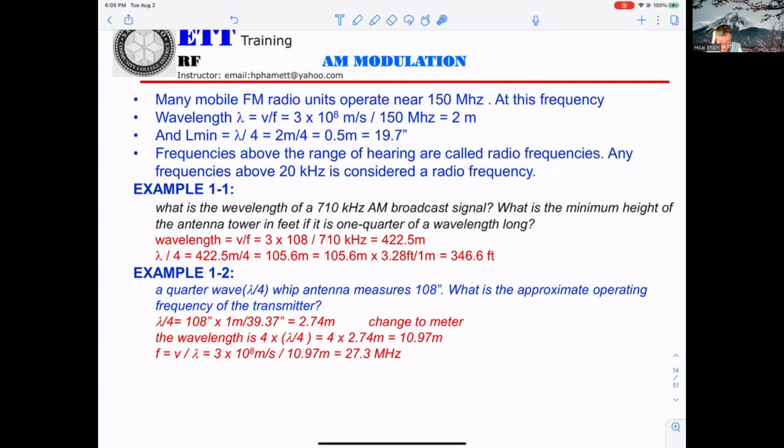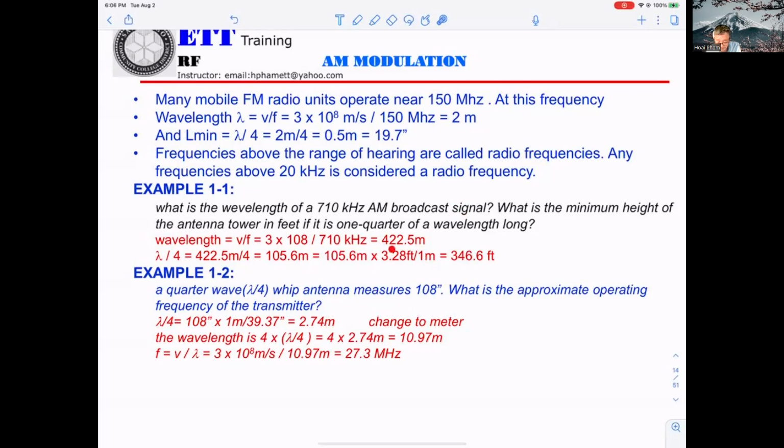Okay. Now we'll see an example. What is the wavelength of a 710 kHz AM broadcast signal? Okay, if you want to calculate that, easy, right? Lambda equals 3 times 10 to the power of 8 divided by 710 kilohertz.